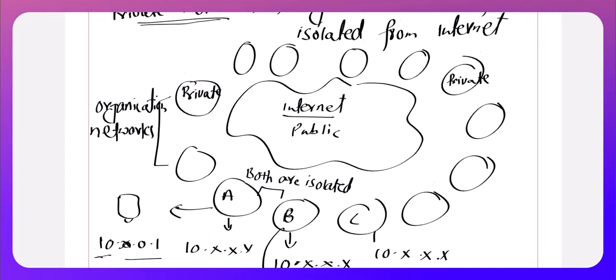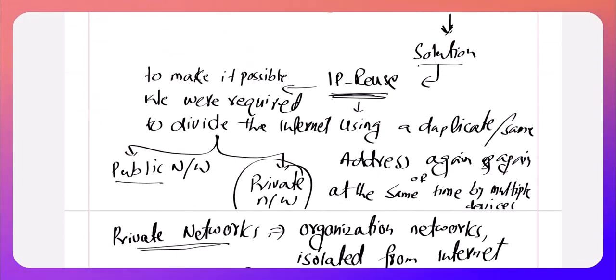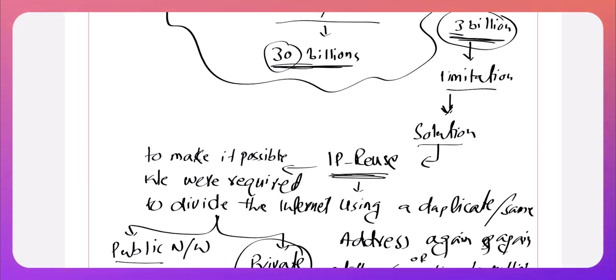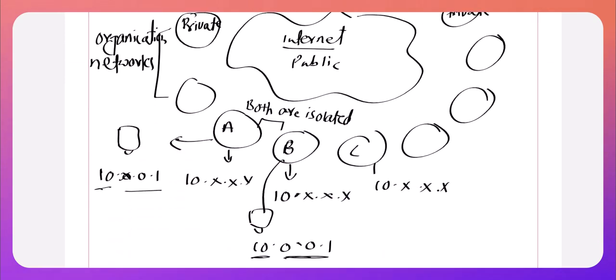And this 30 billion is divided. Some of them remain part of the public network, and some are shifted to private networks. Like your mobile phone and your laptop are part of the internet, but actually they are connected to a private network. Your private network communicates with the public network with the help of a proxy or a NAT server.